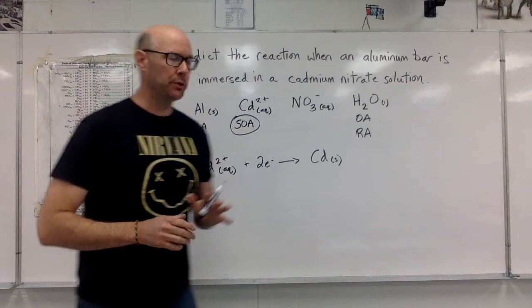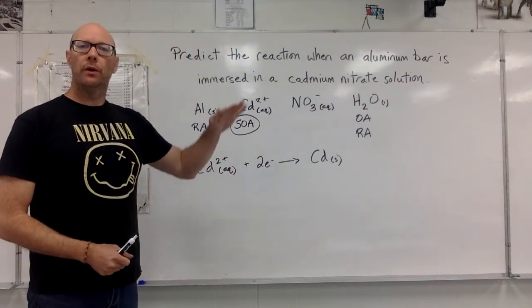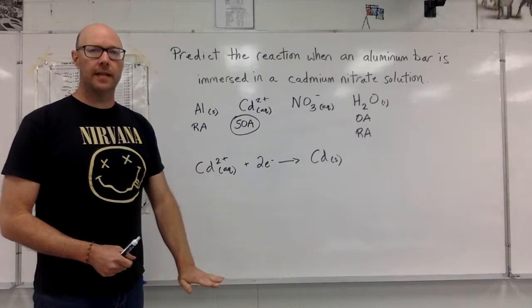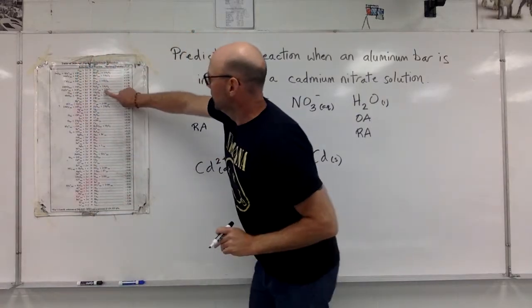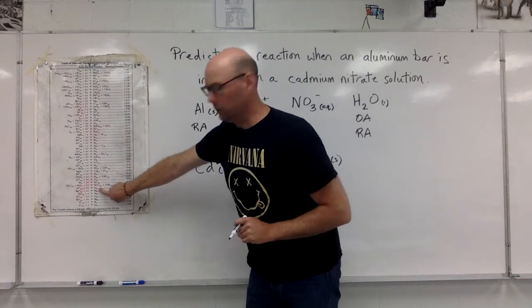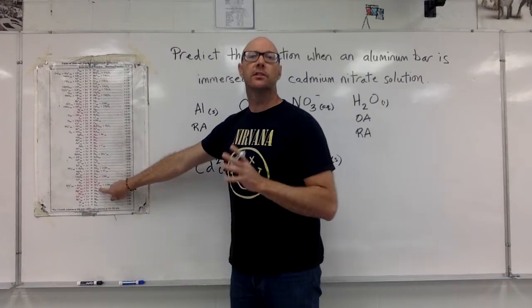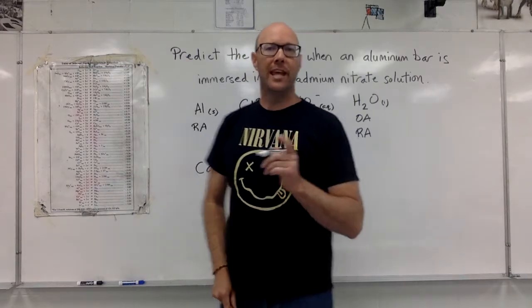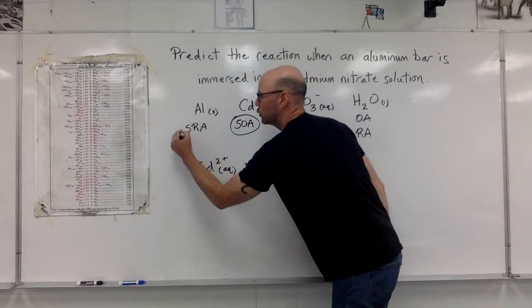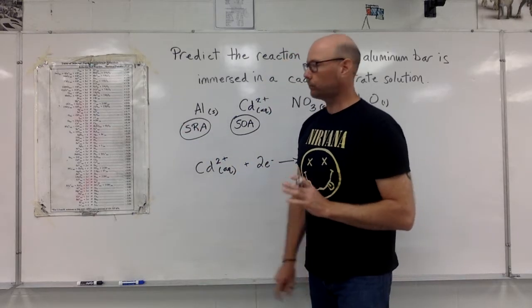Out of the two reducing agents, which one is the stronger one? The one that's lowest down on the table. Liquid water is way up here as a reducing agent. Aluminum is way down there. It's the stronger reducing agent because it's lower down on the table. So the SRA, strongest reducing agent, is the solid aluminum.